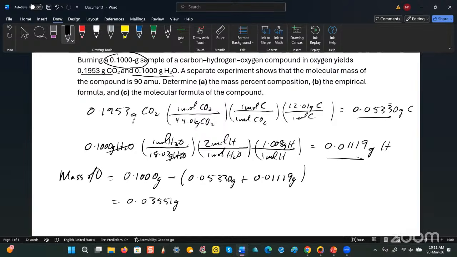So now we have the masses of carbon, hydrogen, and oxygen. So the question is asking us now to determine, in the A part, the mass percent composition. Well, let me scroll down here.